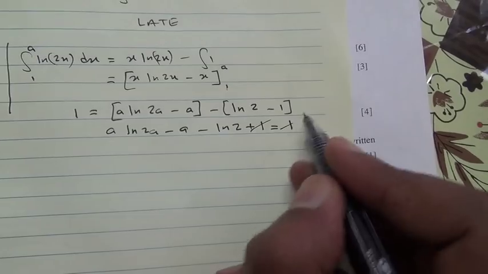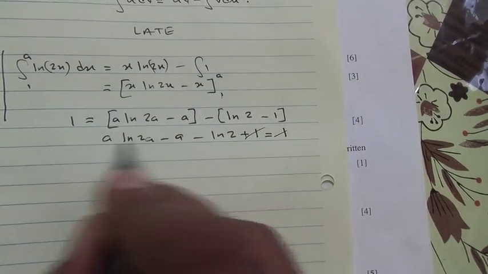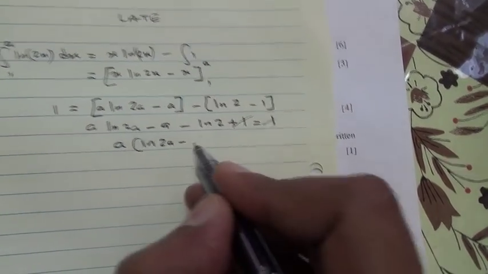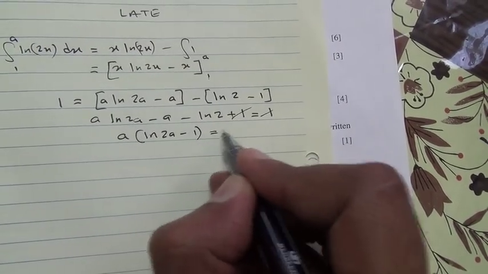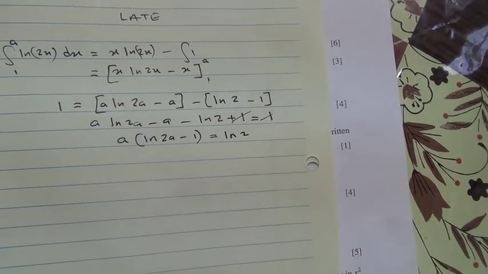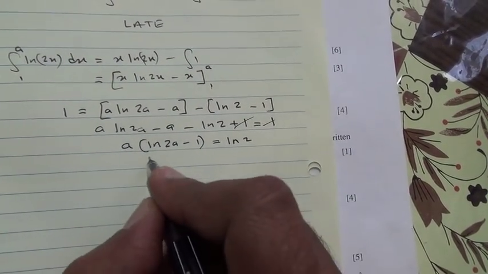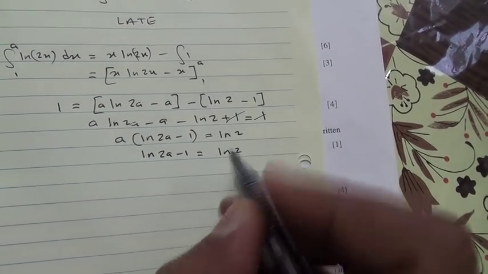So the 1 goes out, or you can factorize a if you wish. So you can put a outside and you have ln 2a minus 1. The minus ln 2 goes to the other side and becomes ln 2. So from here we can say that a times (ln 2a minus 1) is equal to ln 2.